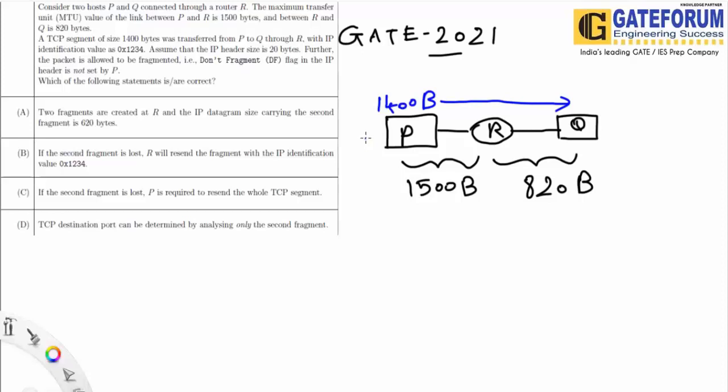Assume that the IP header size is 20 bytes. Further, the packet is allowed to be fragmented. The Don't Fragment flag in the IP header is not set by P. So we can do the fragmentation here. Fragmentation is allowed here. That's a very important thing.